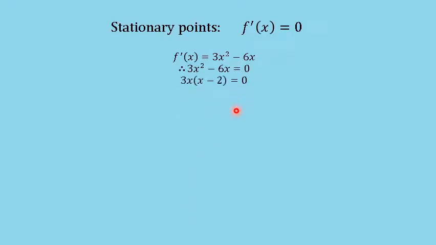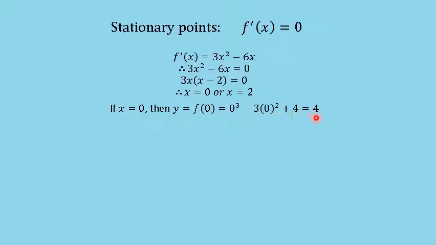So solving for x, we have x = 0 or x = 2. If x = 0, we substitute 0 into the original equation in order to determine the y value. Therefore, y = f(0) = 0^3 - 3(0)^2 + 4 = 4. Therefore, stationary point 1 is the point (0, 4).